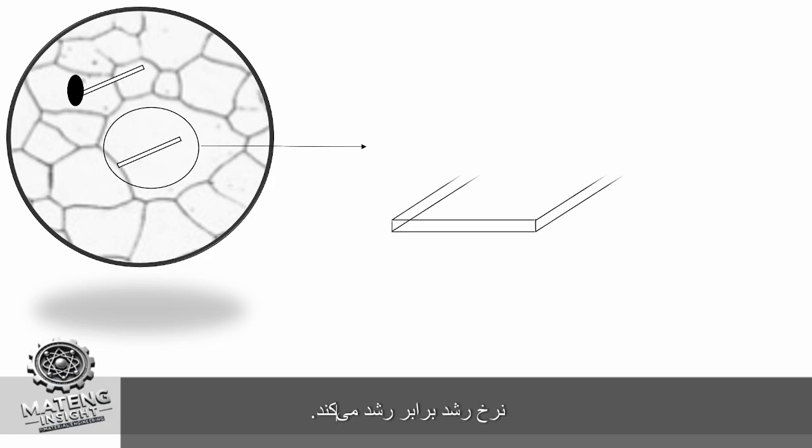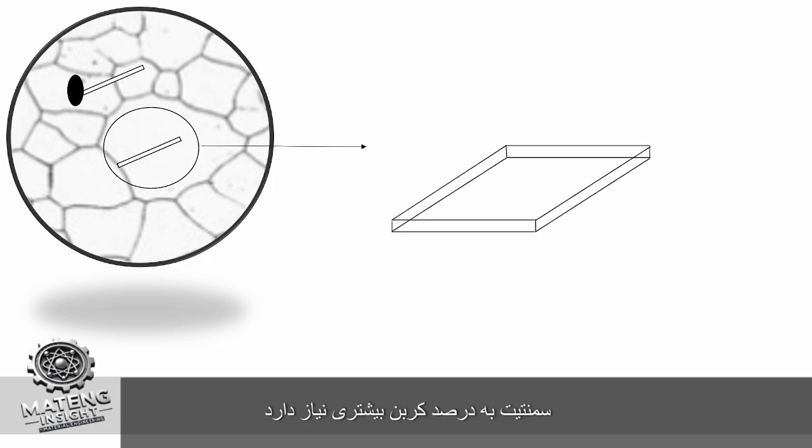It grows slowly in both length and width, with approximately equal growth rate. Cementite needs a higher carbon percentage for growth, so the surrounding area has a lower percentage of carbon, and then the ferrite grains, which need a lower percentage of carbon, nucleate and grow.